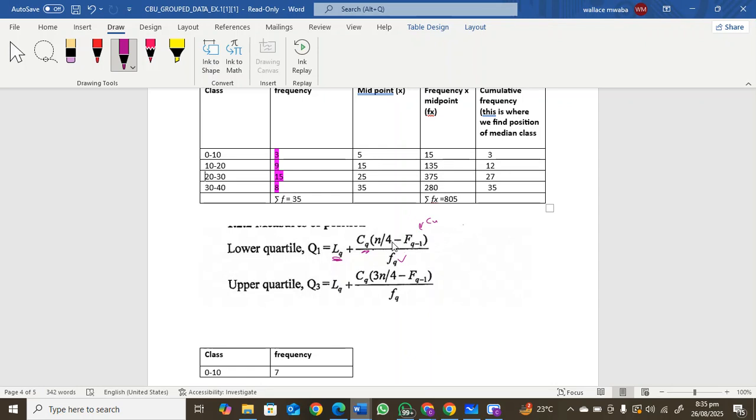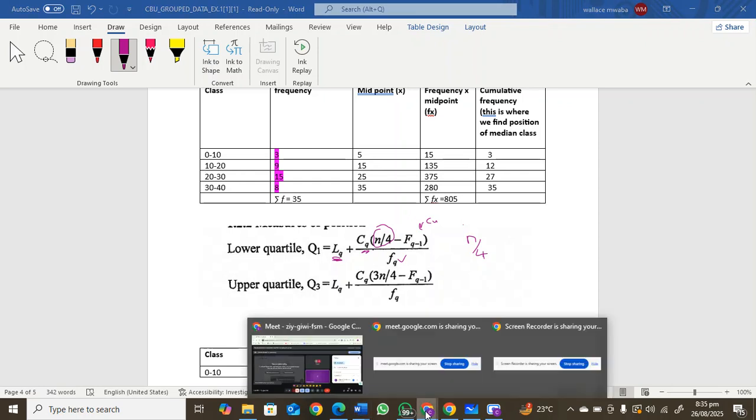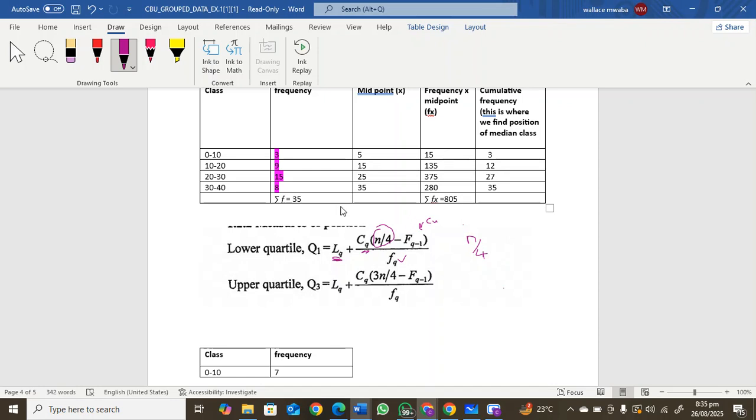First things first, we need to find the lower quartile class. This n divided by 4 is what's going to help you find the position. n represents the total frequency.